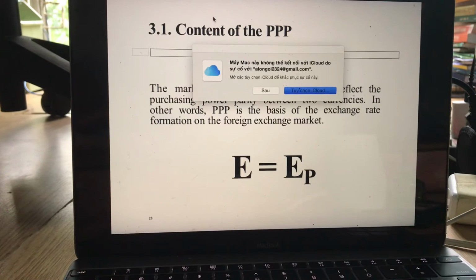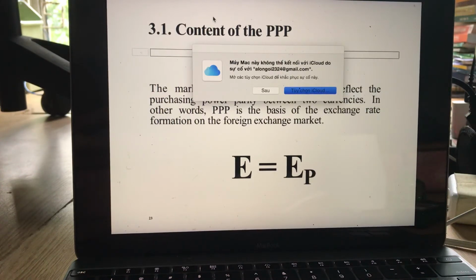The conclusion we can draw here is that the market exchange rate should reflect the purchasing power parity between two countries, two currencies. In other words, the PPP is the basis of exchange rate formation on the foreign exchange market.